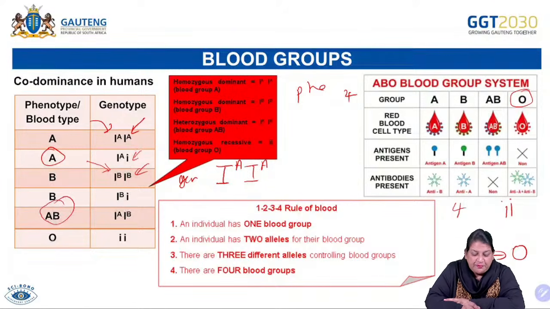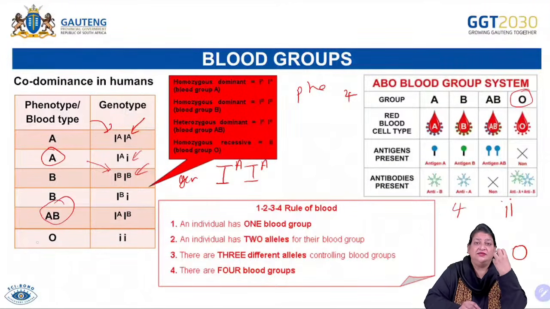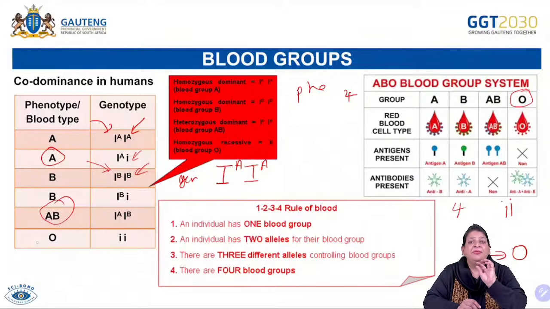Now, what happens if a person has blood group O? We said that only when something is dominant, it's in capital letters. Now, how can a recessive blood group be O? This person is O, you can see it, and we said only dominant alleles with capitals can be seen in the phenotype. But there is an exception with blood groups, okay?